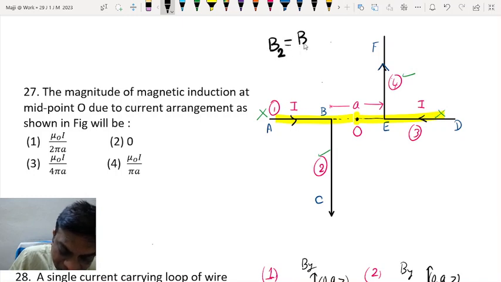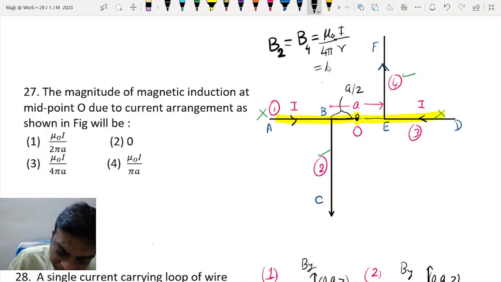So numerically B2 and B4 will be the same, equal to mu 0 upon 4 pi into I upon R, where R is the distance of the point from the wire. You can see the distance of the point from the wire is A by 2.